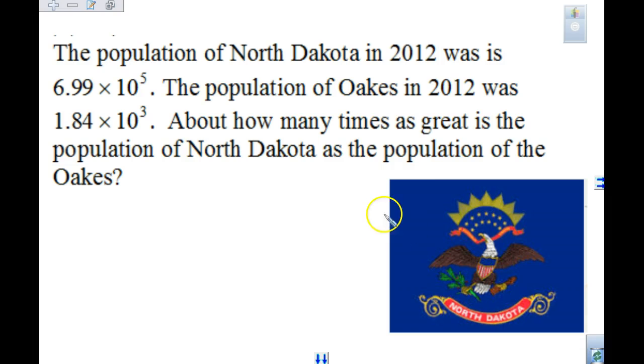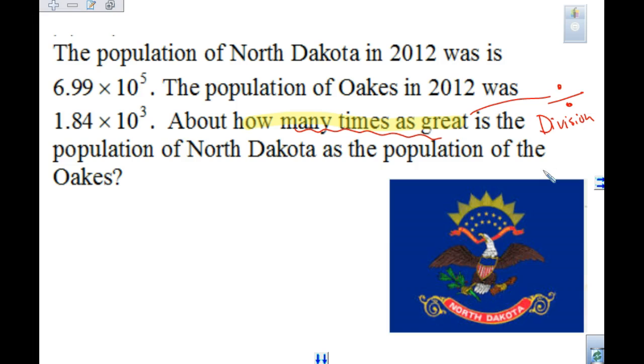Okay. About how many times greater is the population of North Dakota as the population of Oaks? How many times greater? This phrase right here, how many times greater, should be giving you a huge hint that you want to divide. Times greater is division. Okay?